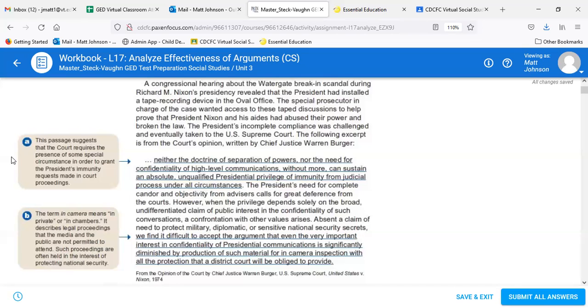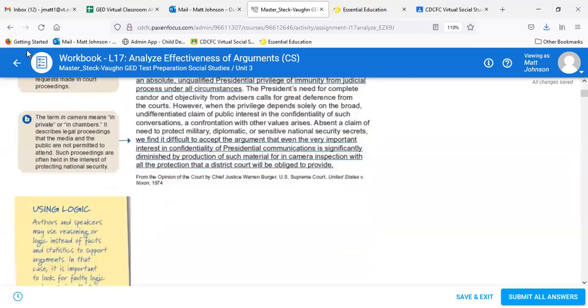But the Supreme Court is saying, well, they haven't presented any evidence that would suggest that here, so he needs to cough up those tapes.